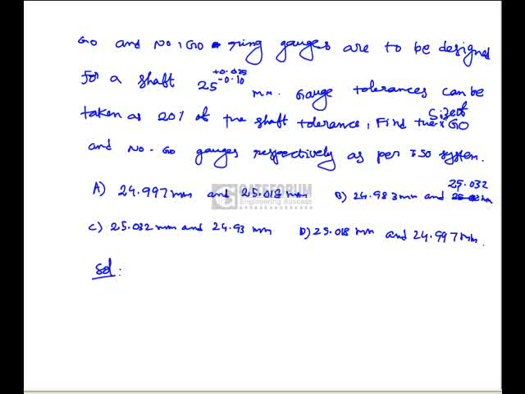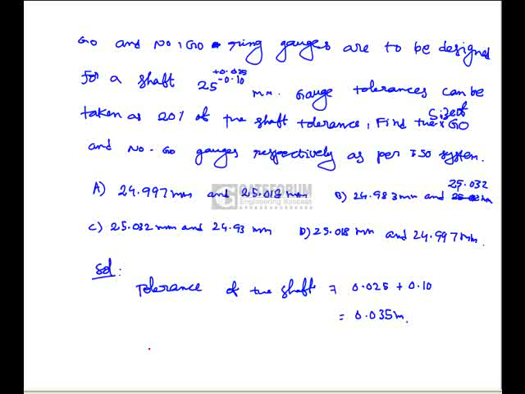So first consider the tolerance of the given shaft, that means the total tolerance is given by plus 0.025 minus (minus 0.010), that means 0.035 mm. Here gauge tolerances can be taken as 20% of the shaft tolerance. Here shaft tolerance is 0.035 mm.